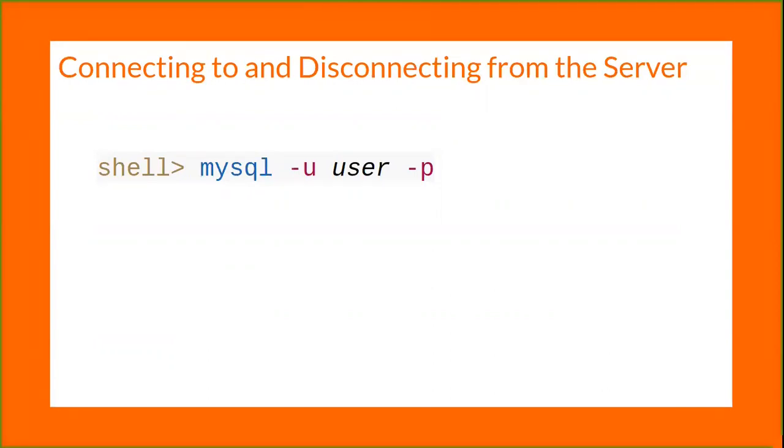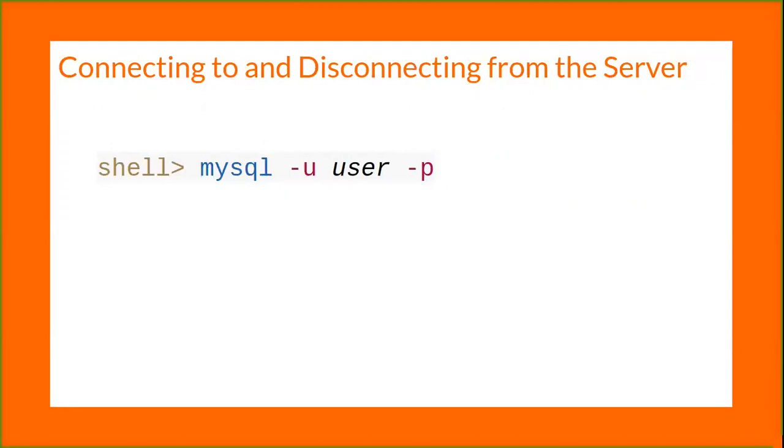If when you attempt to log in, you get an error message such as error 2002 (HY000): Can't connect to local MySQL server through socket '/tmp/mysql.sock', it means that the MySQL server daemon in Unix or service in Windows is not running.